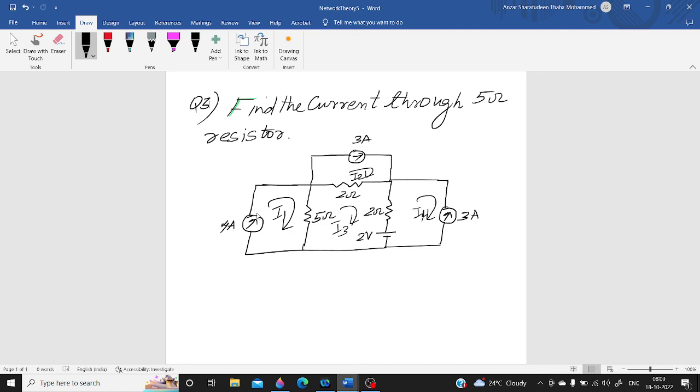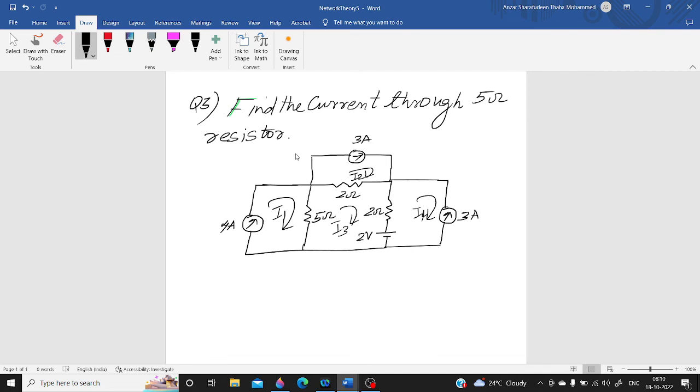For meshes I1, I2 and I4, the current is already given. You should consider the direction of current. If the assumed direction of the mesh current and the direction of the current source are the same, you take it as positive, and if it is opposite, you take it as negative.